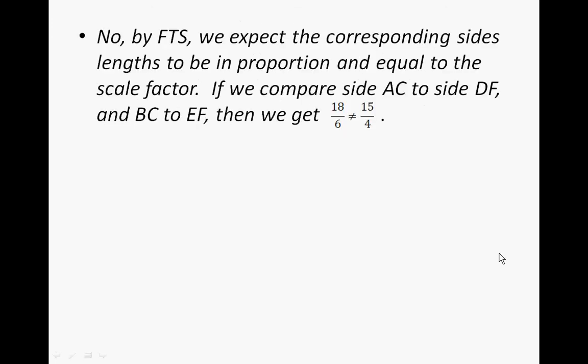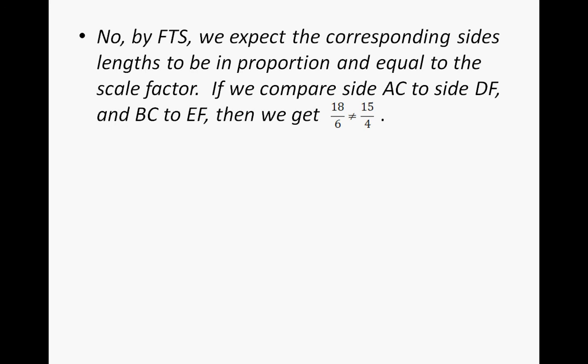All right, the answer to that would be no, because by the fundamental theorem of similarity, we expect corresponding side lengths to be in proportion and equal to the scale factor. If we compare sides AC to DF and BC to EF, because again, corresponding sides, we would get 18 to 6, but then we would have 15 to 4, and they are not equivalent fractions or equivalent ratios by any means.